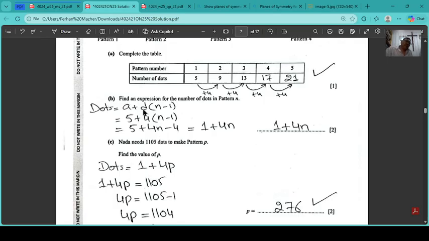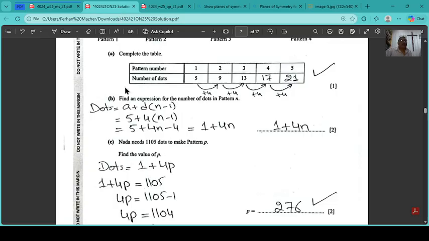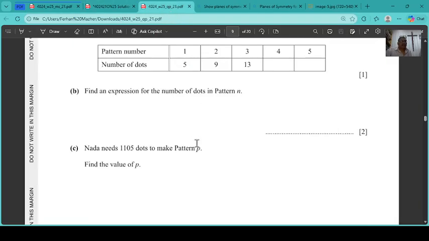The nth term is a plus d bracket n minus 1, and a here in this pattern is 5, the d here is 4. So just put those values here: 5 plus 4 bracket n minus 1, 5 plus 4n minus 4, and that will be equal to 1 plus 4n. So the nth term of this sequence will be 4n plus 1. 4n plus 1, our answer is right.